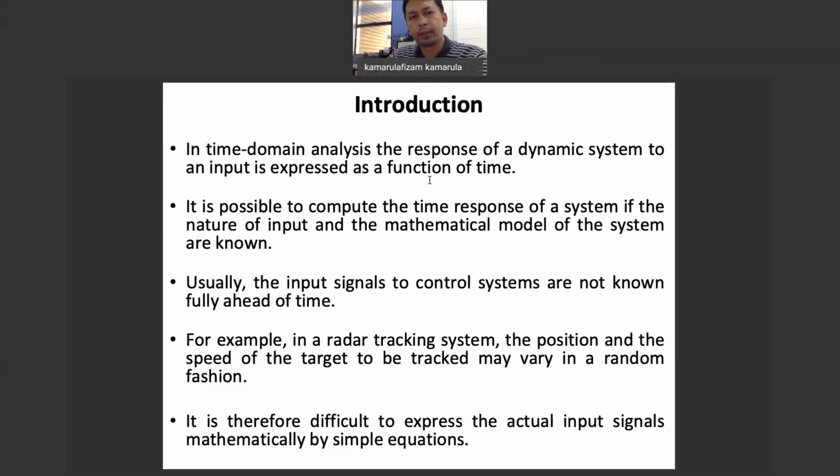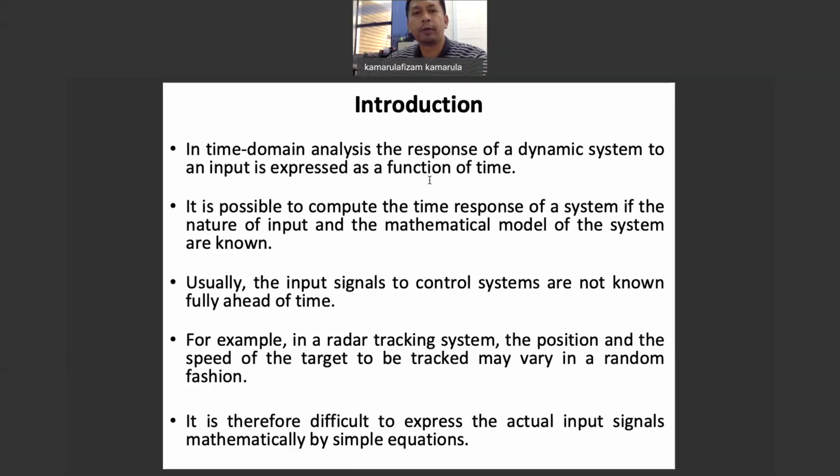The second point here says it is possible to compute the time response of any system if the nature of the input signal and the mathematical model of the system are very much known.